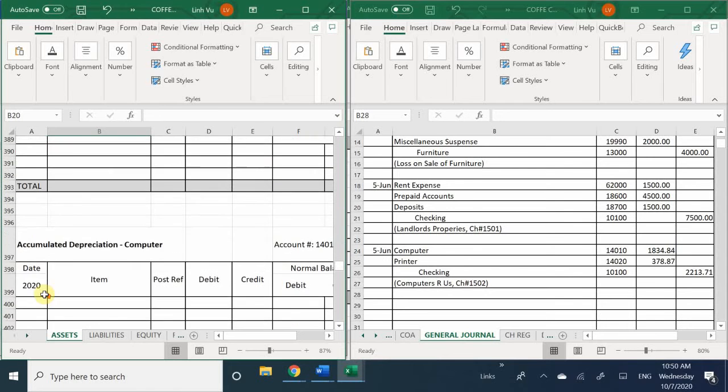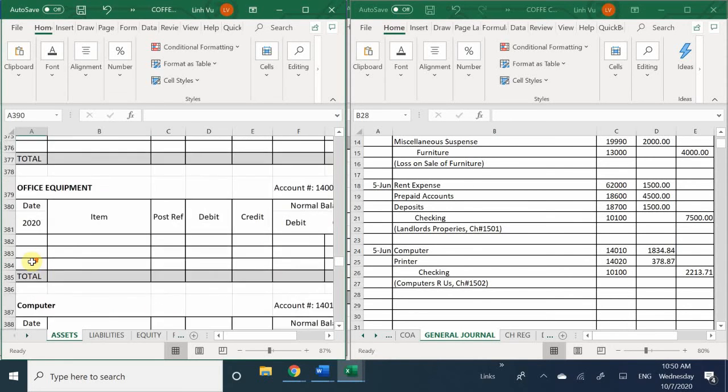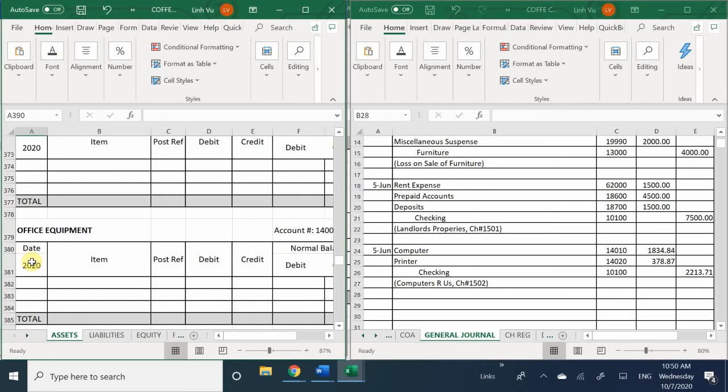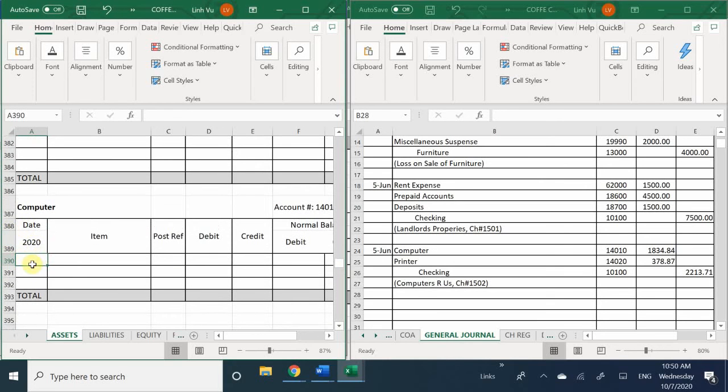I already know that, so here is my computer. I have two accounts: the office equipment account, the computers account, and accumulated computers. Make sure that you put it in the proper one, which is account number 14010.65. I purchased a computer. You don't need to disclose that because you already know that you purchased the computer.